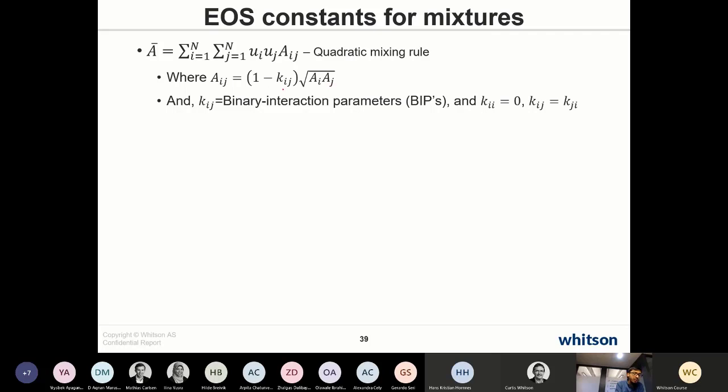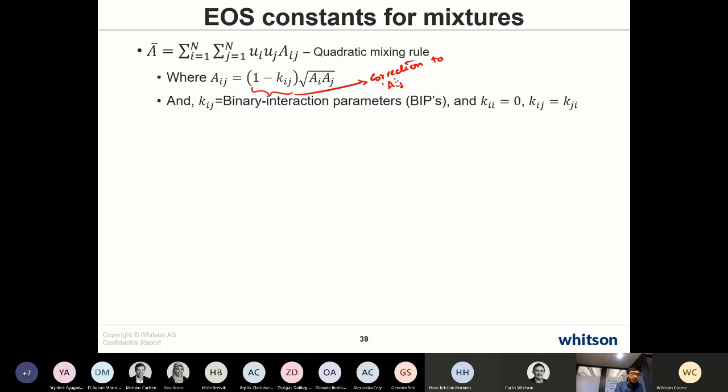And then we have an additional correction term here, kij, which is the correction to this coefficient Aij between components i and j.